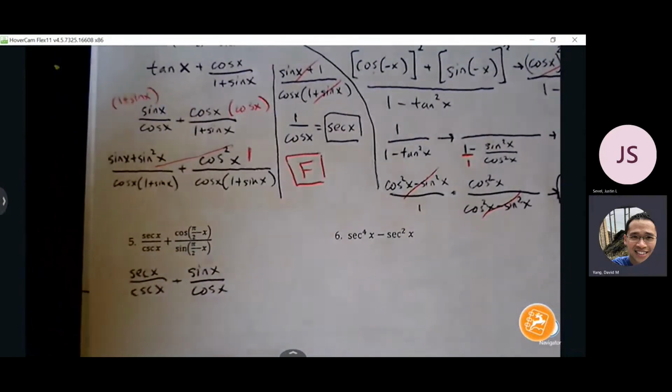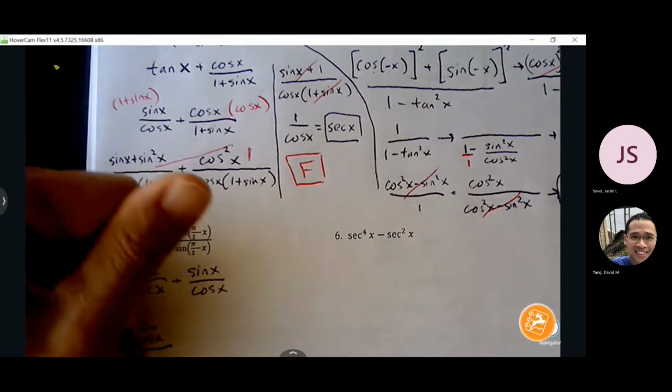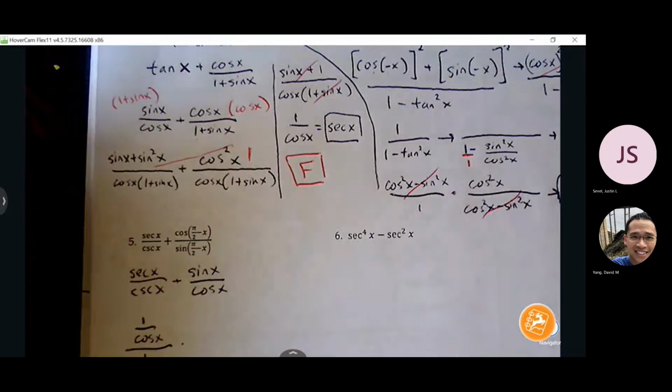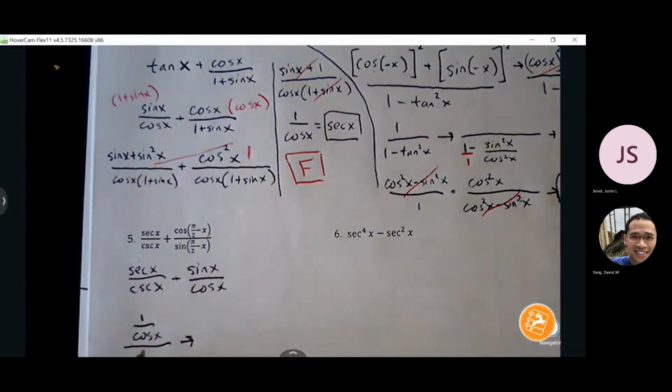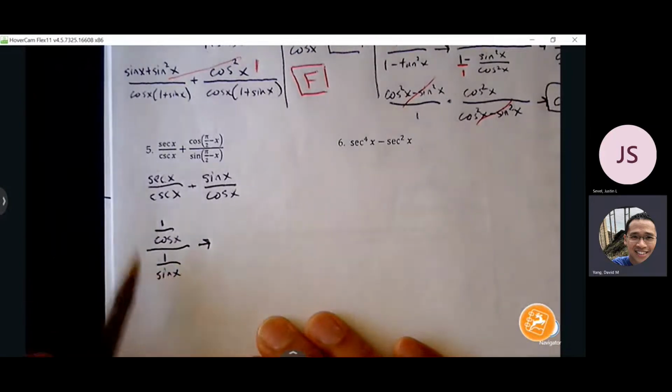What if we get everything in terms of sine and cosine? I can write this as 1 over cosine of x for secant, 1 over sine of x for cosecant, multiplied by its reciprocal.